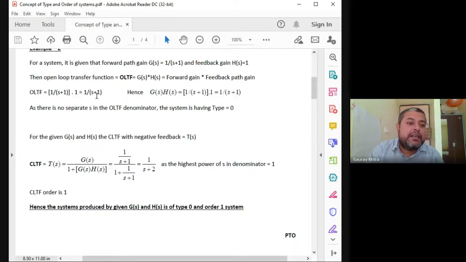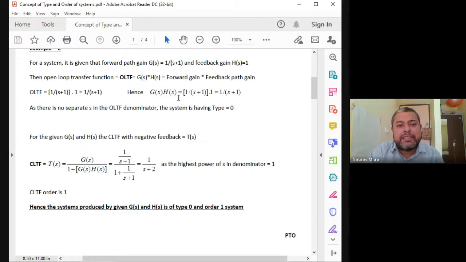So in this case, there is no separate s in the OLTF denominator. There should be a separate s term, only s, not s square or s cube. Hence, the system is having type equal to 0. So we can say that this is s raised to 0 into s plus 1, and s raised to 0 is nothing but 1. A separate s means a pole situated at the origin. There is no separate s in the OLTF in this example. Hence, type of the system is equal to 0.